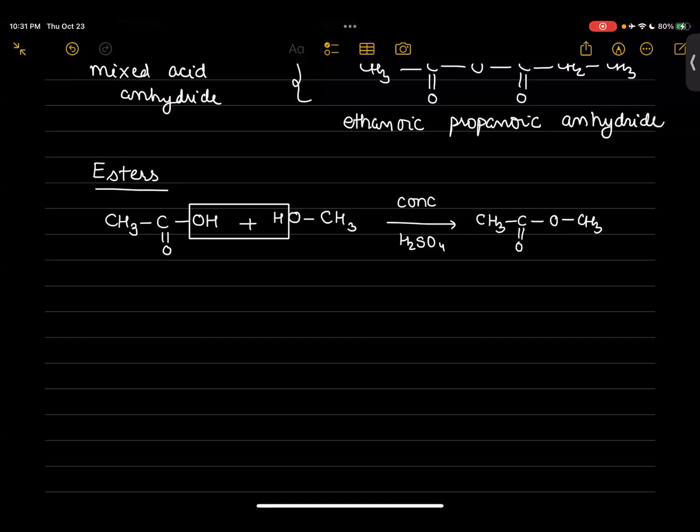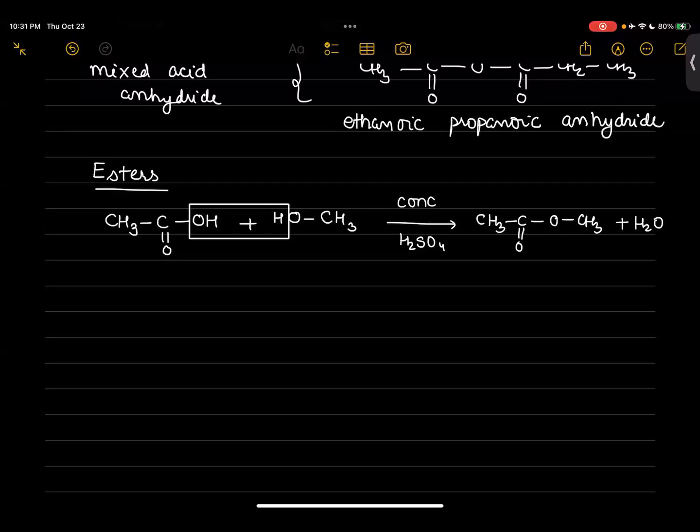Water will get removed, and concentrated H2SO4 will help us to absorb water, because that doesn't have water in it. Got it? Is it clear?